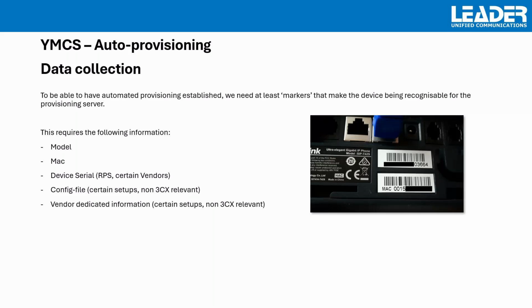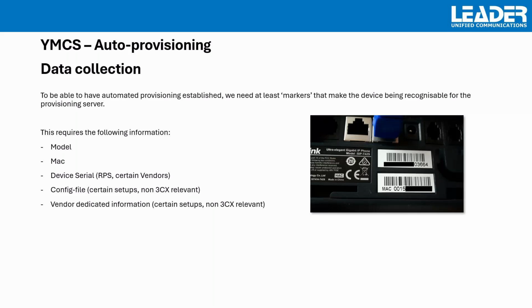Again, if the PBX that is used works with 3CX, we require just the provisioning link, and then certain vendor dedicated information for certain setups, but that is also not 3CX relevant.